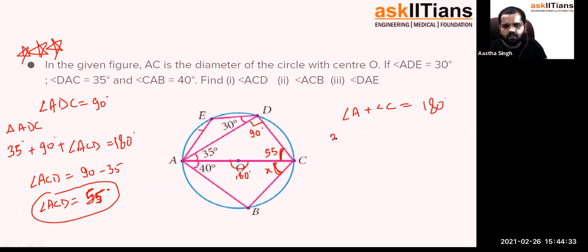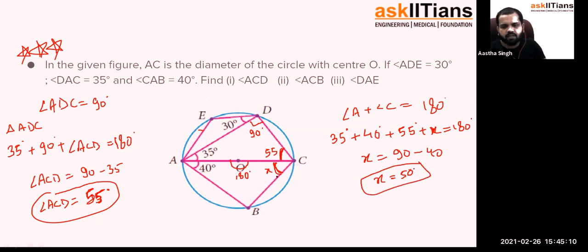Angle C is 35 plus 55 plus x, and angle A is 40 degrees. To find the value of x, just add them: 55 and 35 will be equal to 90. 180 minus 90 will be 90, and 90 minus 40. So x is equal to 50.